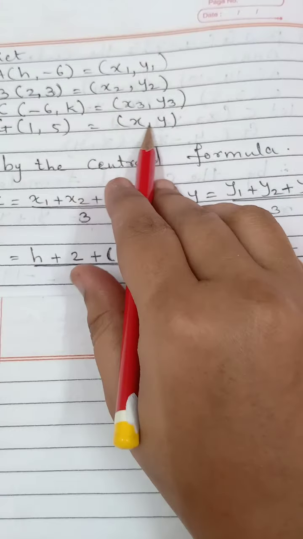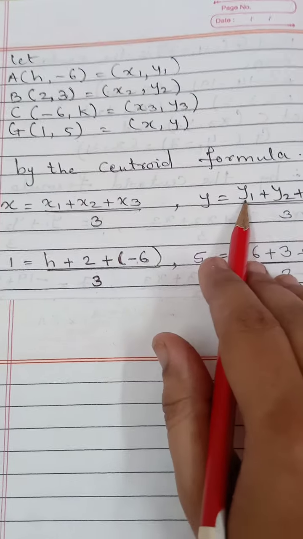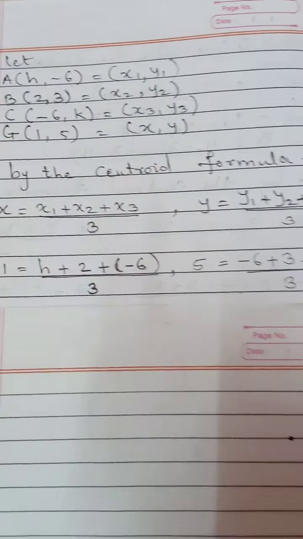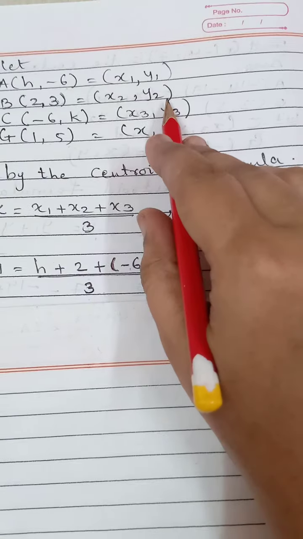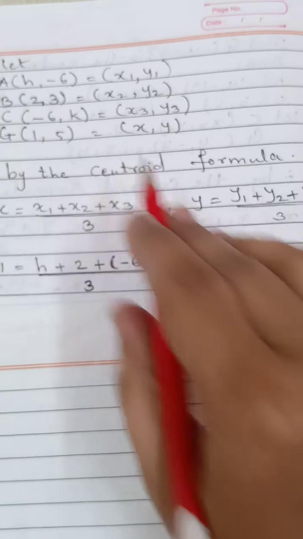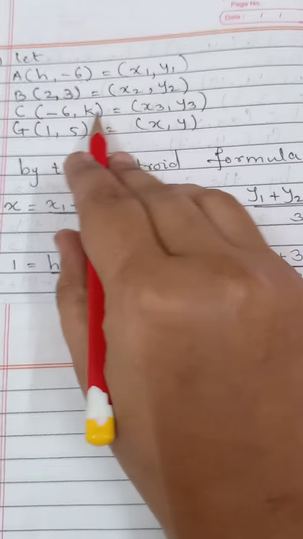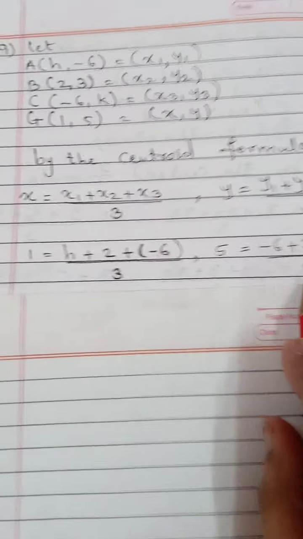Then the value of y is 5, so we are taking 5. y1 value is minus 6, so we take minus 6, then the middle plus sign. The value of y2 is 3, so we have taken 3, then plus the value of y3 is k, so we have substituted k, and then upon 3.